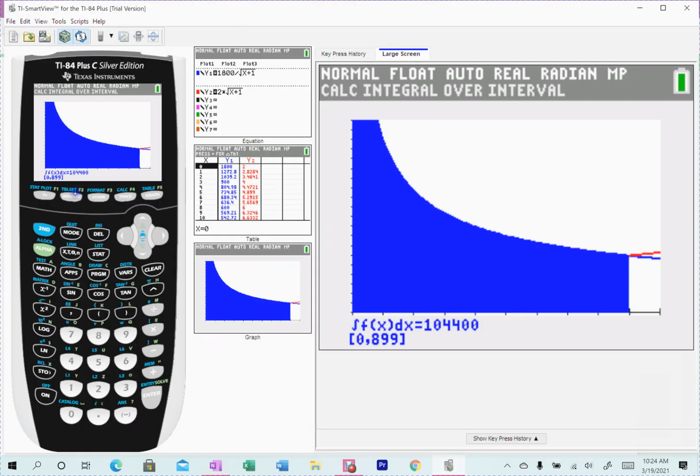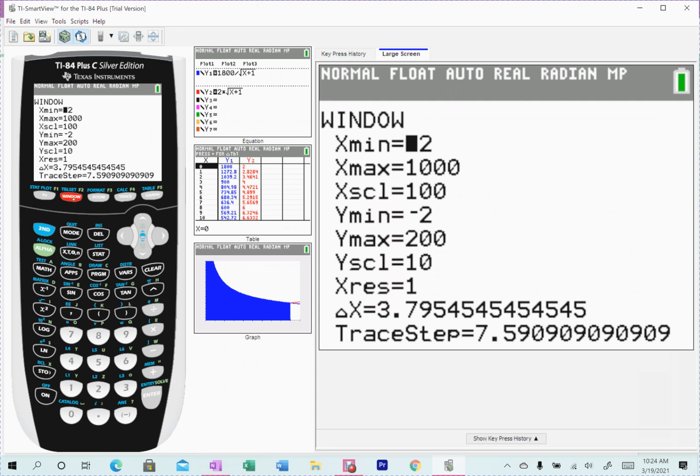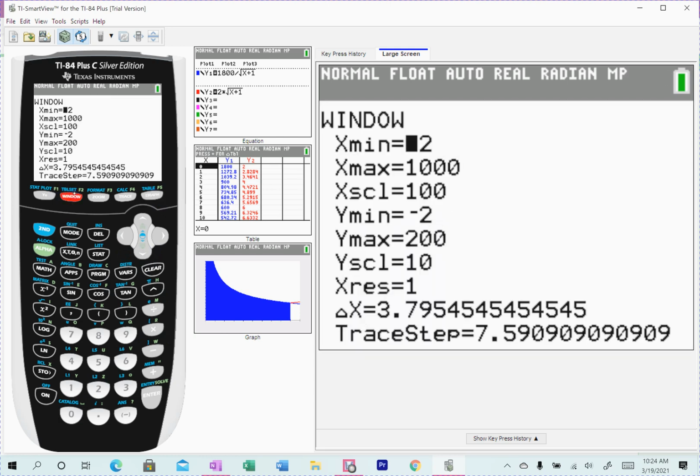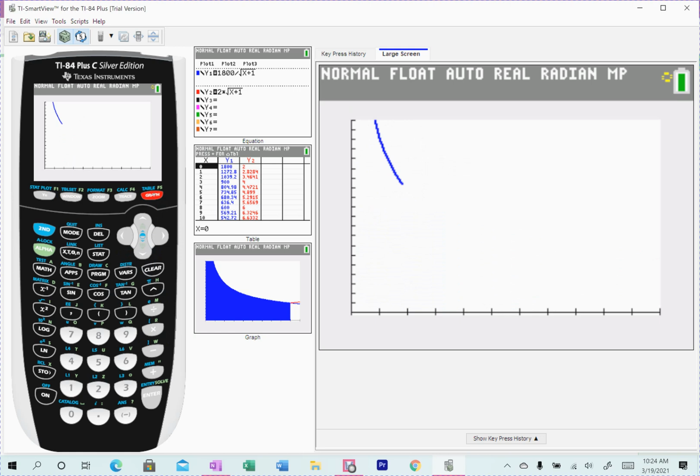Again, I'm going to change my window so it regraphs. I didn't change it, and that just gets rid of that shaded-in region. You don't have to.